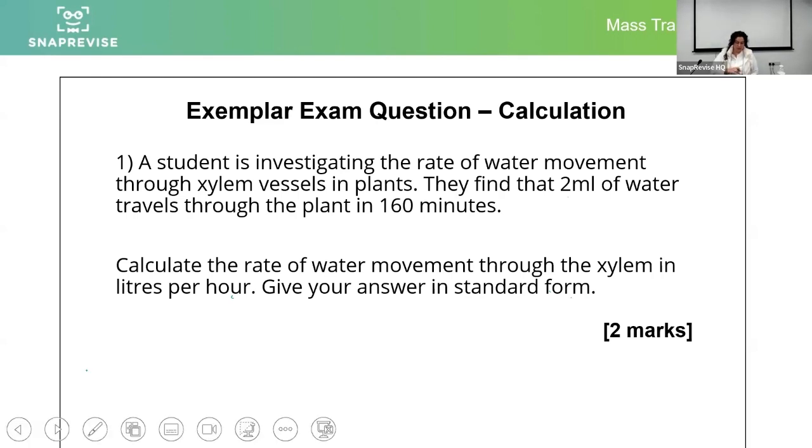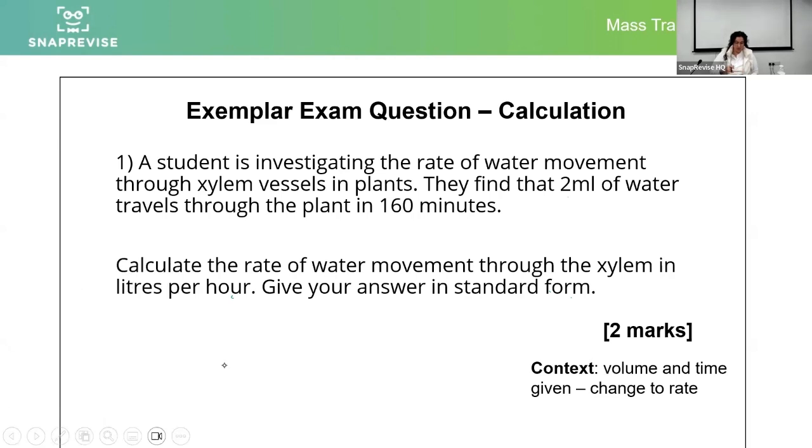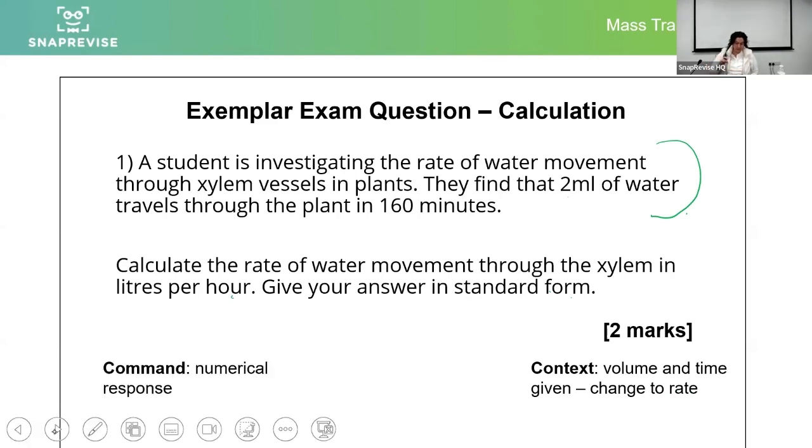So let's break down again the different sections of the question. Context first is describing to us the investigation of the student. So basically the volume and the time given, which we're going to use to calculate rate. The command word is that it's a numerical response, it's calculate.